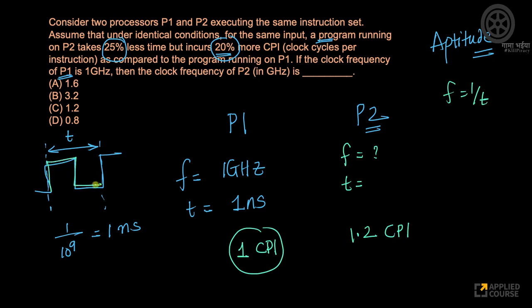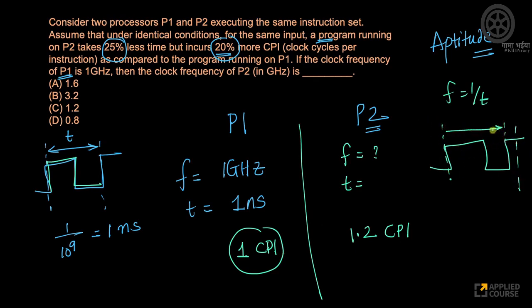P2 has a different clock cycle of its own, and takes not 1 clock cycle per instruction, but 1.2. Instead of 1 clock cycle, it requires 1.2 clock cycles per instruction.